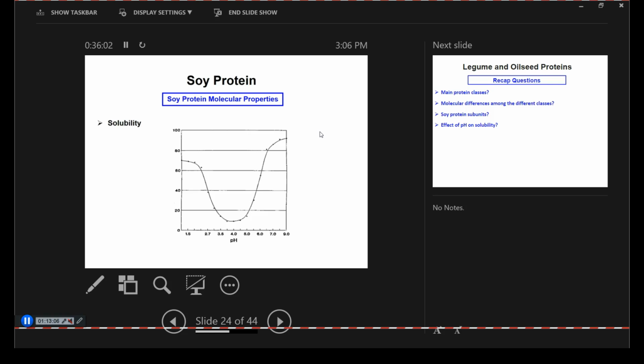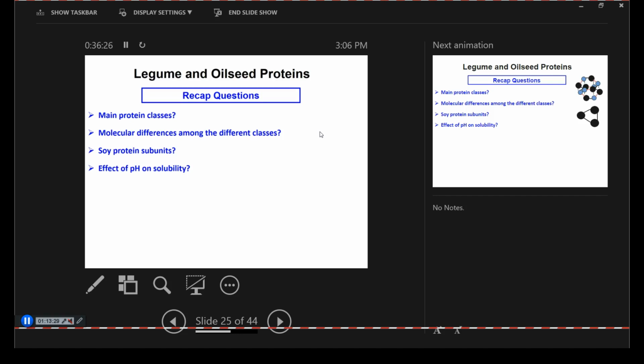And again, we have higher solubility under alkaline conditions due to some amino acids ionizing at that condition, like tyrosine, for example, or cysteine could be ionized under high alkaline conditions, which increases the charge density of that protein. I have recap questions from where I think I stopped one year, but you can review that on your own.